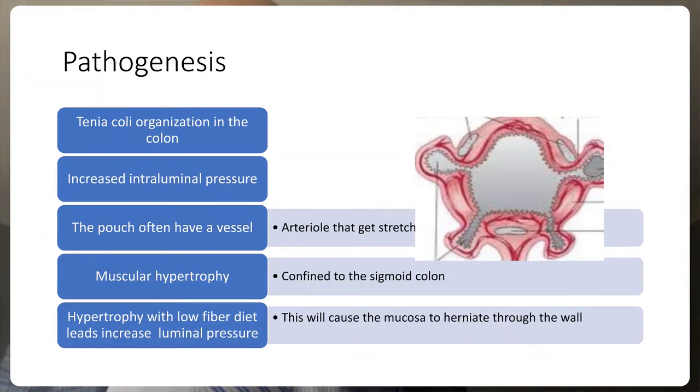We also notice that these patients do have muscular hypertrophy as a result of the motility problems, and that's usually confined to the sigmoid colon rather than the rest of the colon.